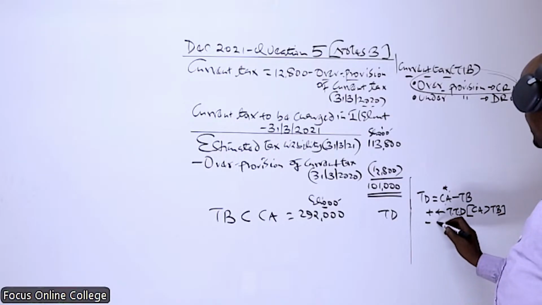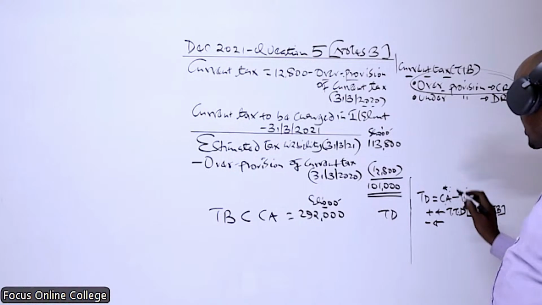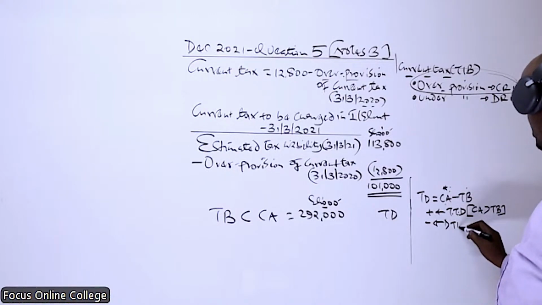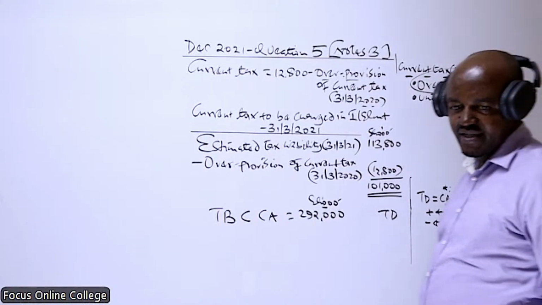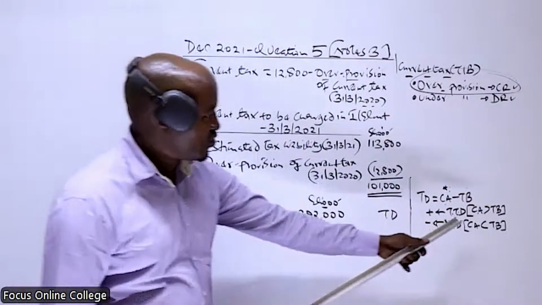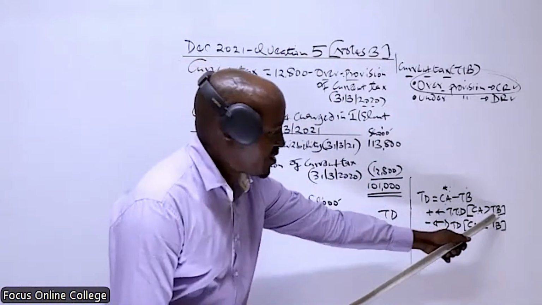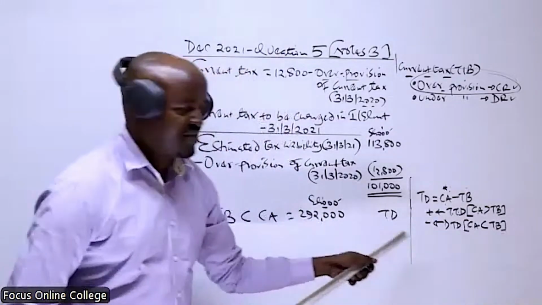If you get a negative figure, it means tax base is greater than carrying amount, so that one is known as a deductible temporary difference, whereby carrying amount will be less than tax base. That's basically what you need to remember. So we are going to use these rules here. If carrying amount is more than tax base, it is taxable. If carrying amount is less than tax base, it is deductible.